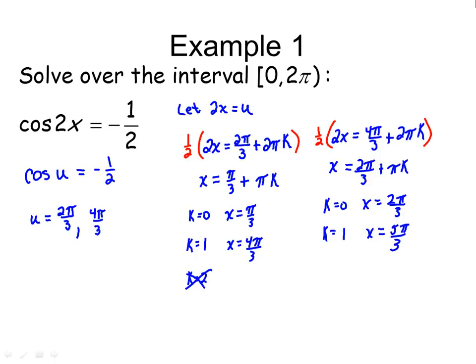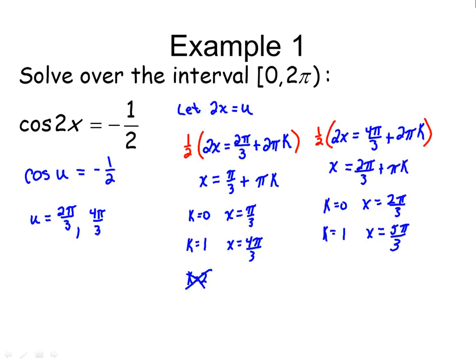Well, go back over here. We're starting with 2 pi over 3. I still need a common denominator, so 2 pi's plus 3 pi's is going to be 5 pi's, which will make it 5 pi over 3.